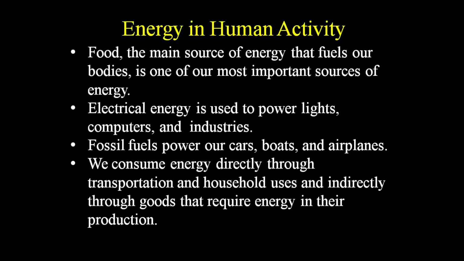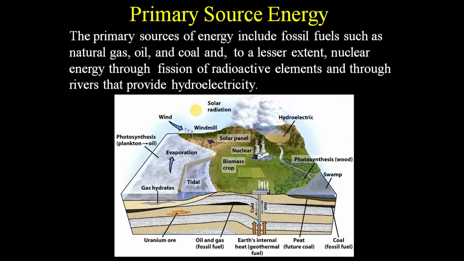We consume energy directly through transportation and household uses, and indirectly through goods that require energy in their production. The primary sources of energy include fossil fuels such as natural gas, oil, and coal, and to a lesser extent, nuclear energy through fission of radioactive elements and through rivers that provide hydroelectricity.